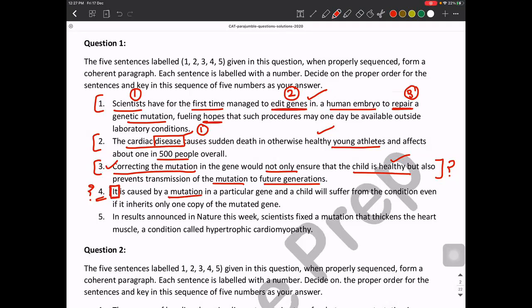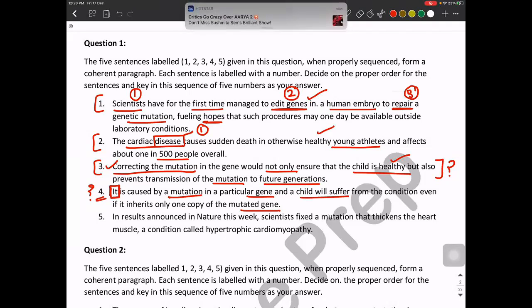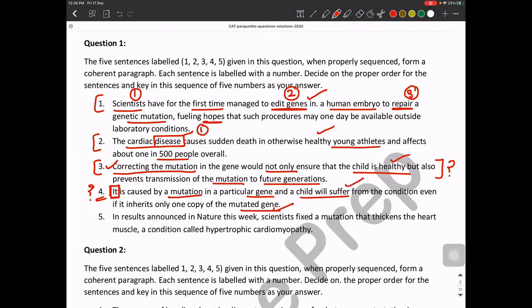Now something has been caused by a mutation in the particular gene and a child will suffer from the condition even if it inherits only one copy of the mutated gene. It means that mutation, it is caused by a mutation. Mutation causes something. What is that something? We need to focus on that part, right? In a particular gene. And if a child inherits that one copy of the mutated gene, he has to suffer, right?